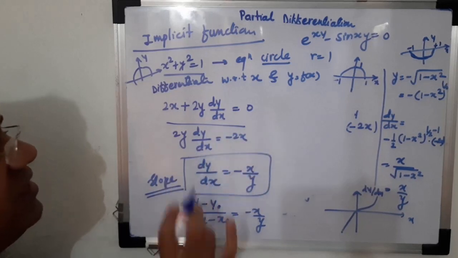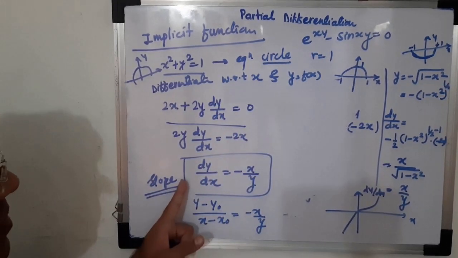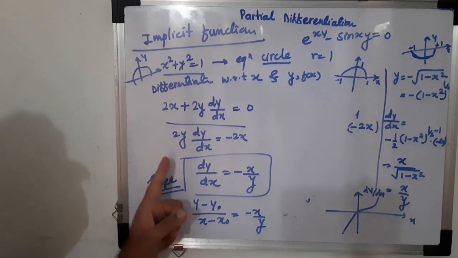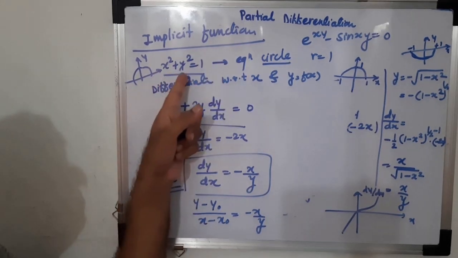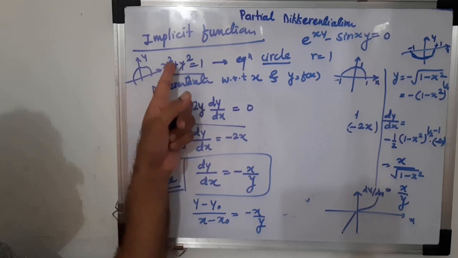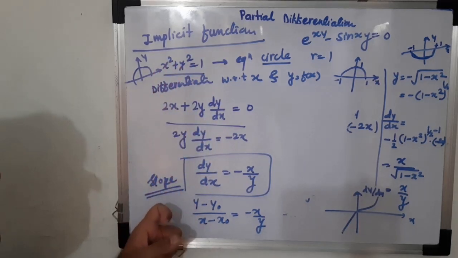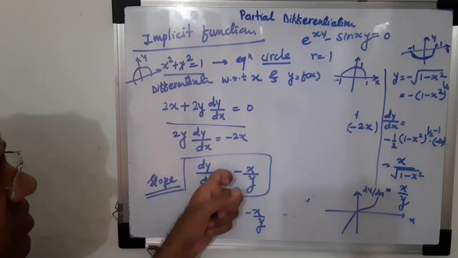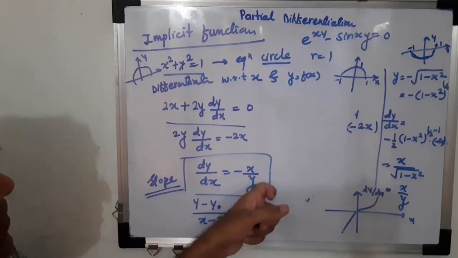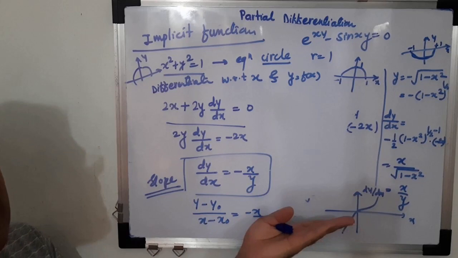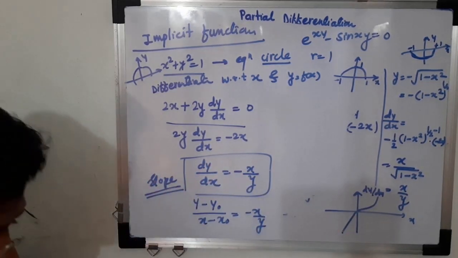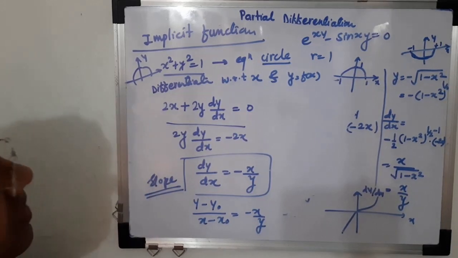Differentiate here and you will get dy by dx. That indicates your slope, or the tangent to that particular curve. So this equation is nothing but your tangent, dy by dx at one particular point. Suppose you get the x and y values, put them over here and you will get the slope of that tangent line. This is the overall idea.